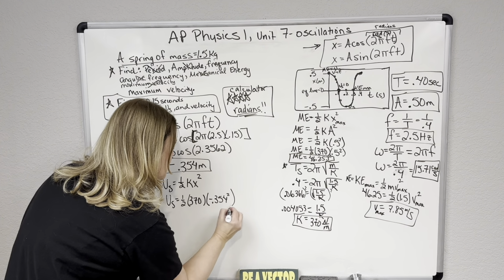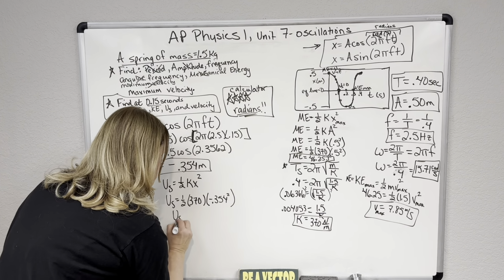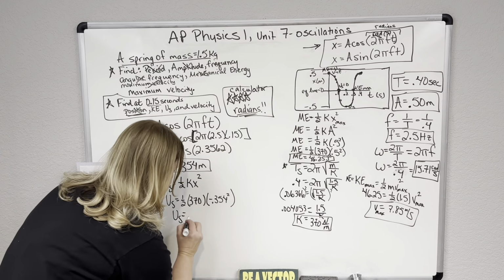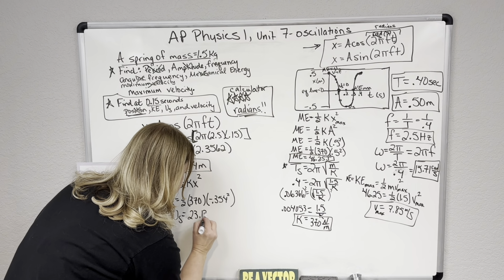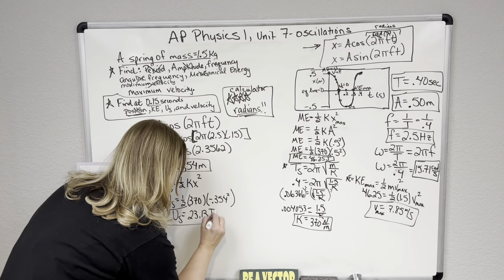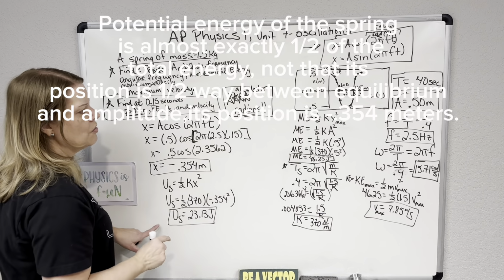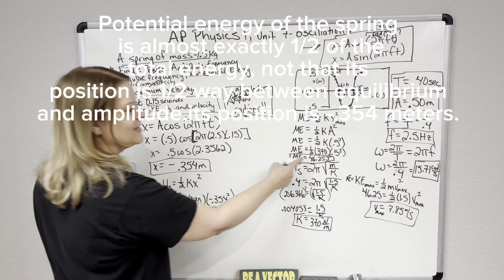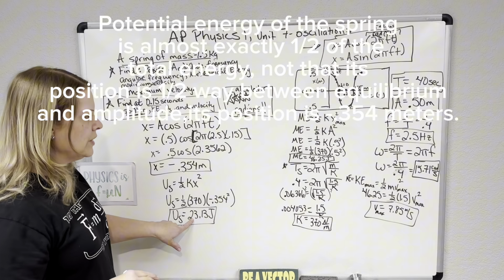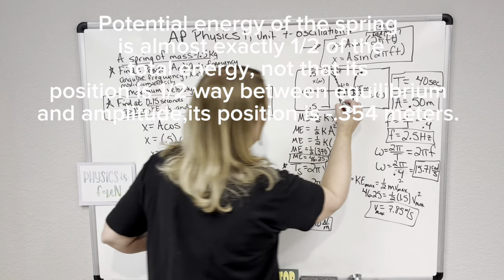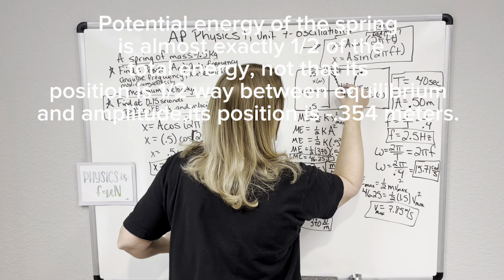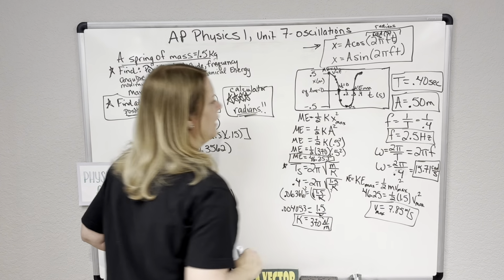Do not forget to square position. Your potential energy of a spring is 23.13 joules. We know our total mechanical energy was 46.25, so we are almost exactly halfway between our equilibrium and our amplitude.